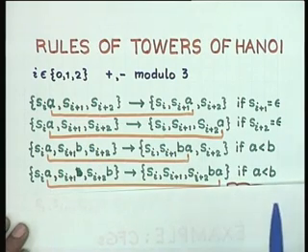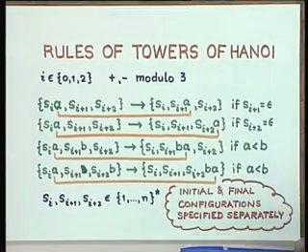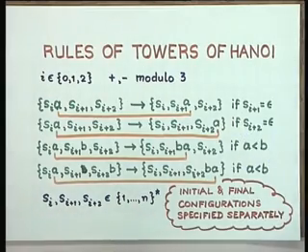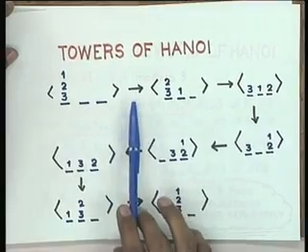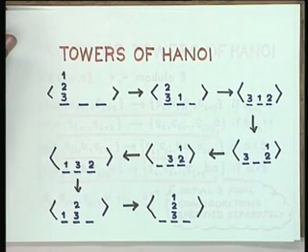Nowhere have I specified what cannot be done. These rules specify exactly what can be done. Given an initial configuration, you can verify that in this execution that we have got, each transition is an application of one of these 4 rules.